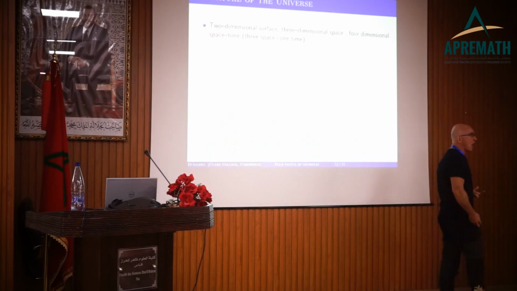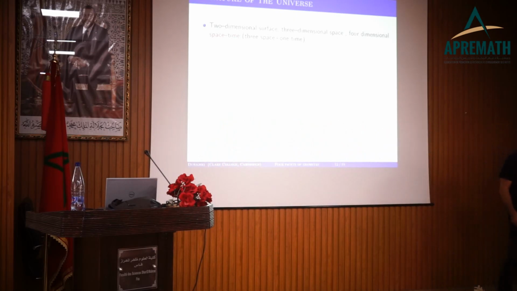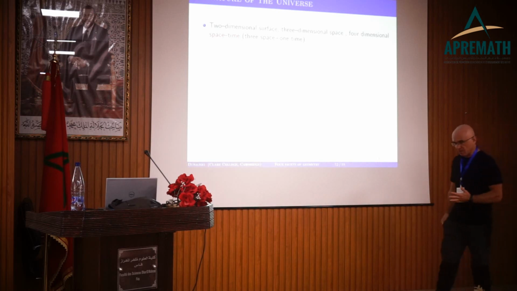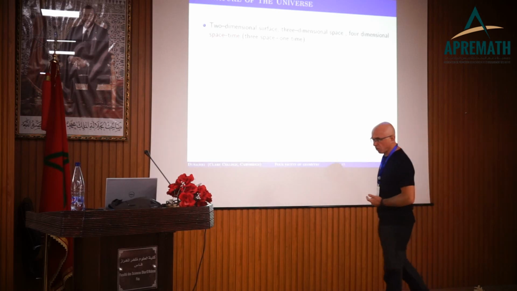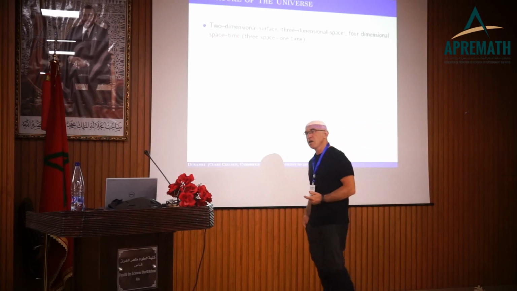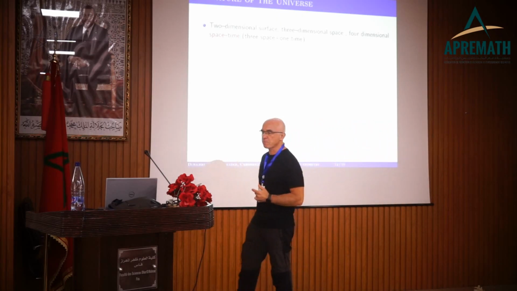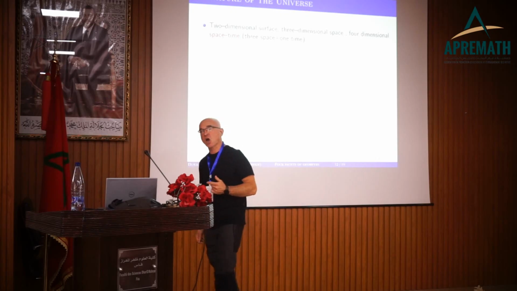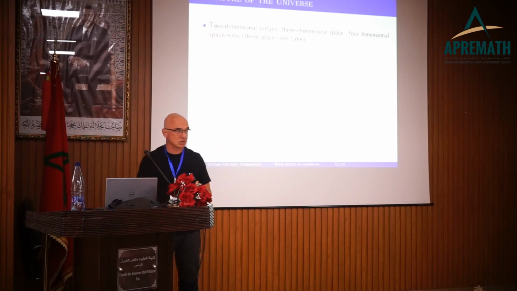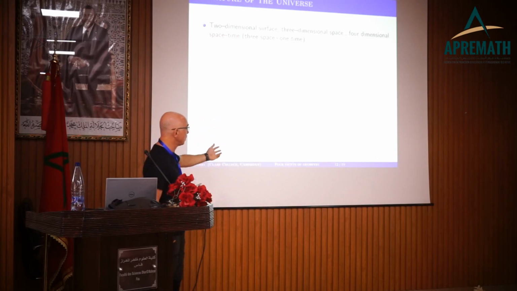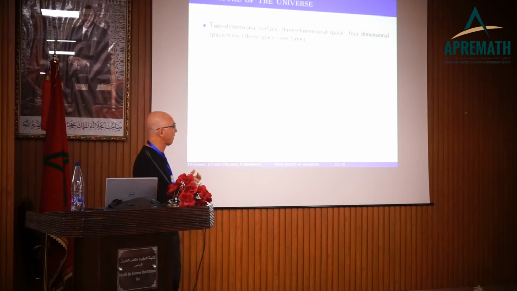In dimension higher than 2, the curvature becomes more complicated. It's what we call a tensor, but you can reduce the process of computing this tensor essentially to computing a number of Gaussian curvatures, sectional curvatures.